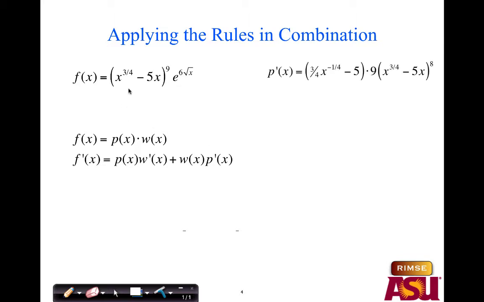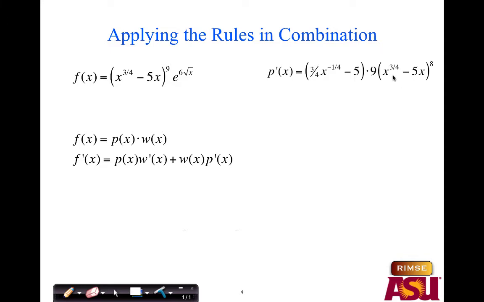So this first term here, its derivative would involve chain rule. So you can work outside to in or inside to out. This is the inside to out part, so the derivative of what's inside the parentheses times the derivative of the outer with respect to the inner. So leaving the inner part intact, just like the derivative of x to the 9th is 9x to the 8th.